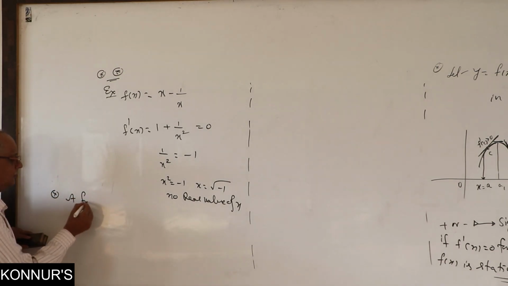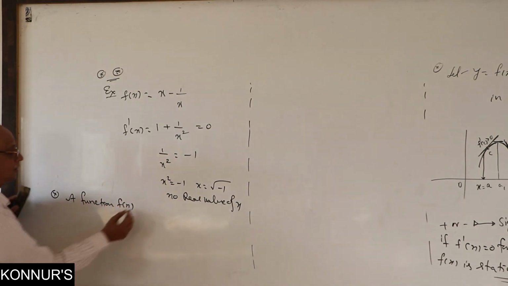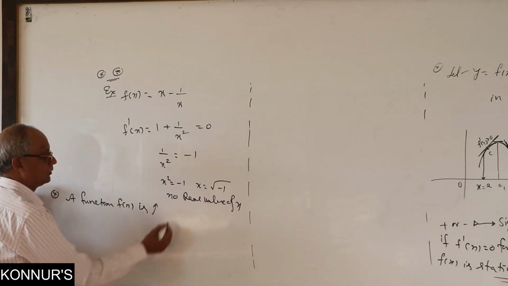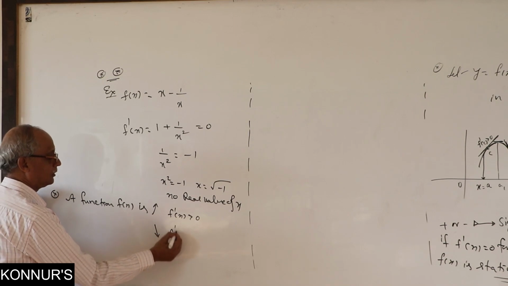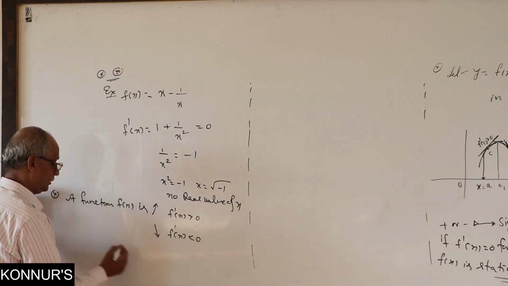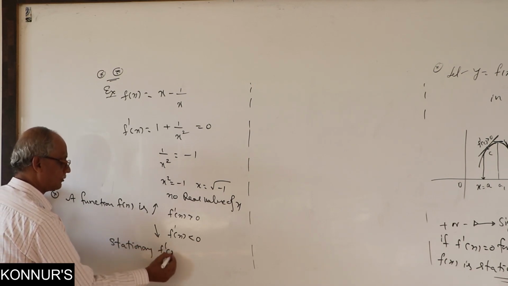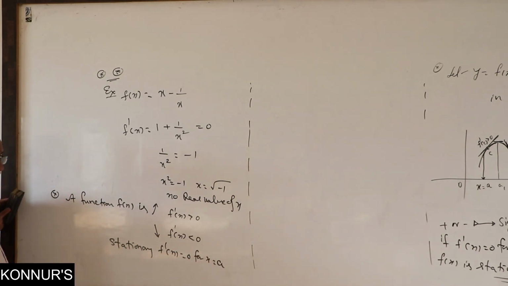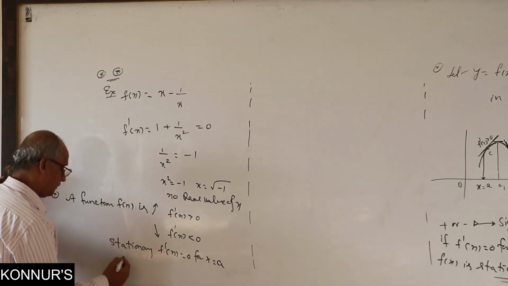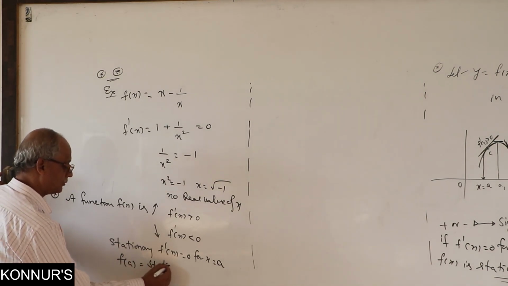A function f of x is increasing if f dash x is greater than 0, decreasing if f dash x is less than 0, stationary if f dash x is equal to 0 for x equal to a. At x equal to a it is stationary. Then here we have one extra point: f of a is called a stationary value.